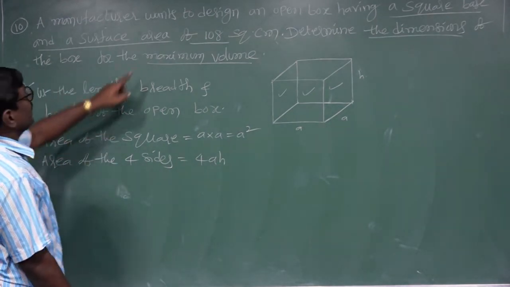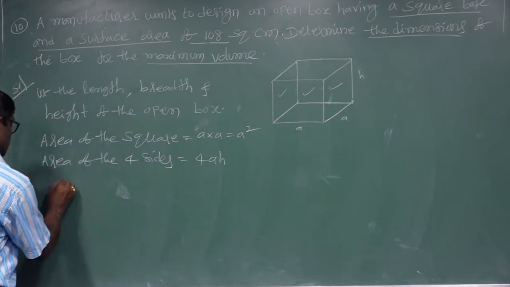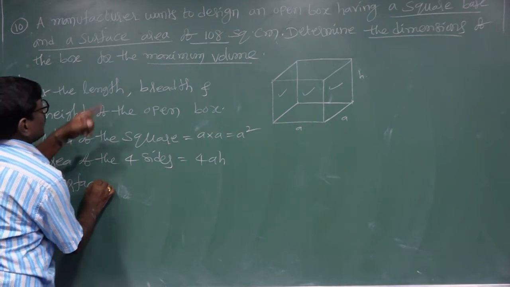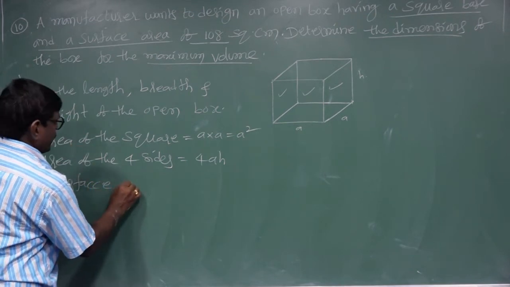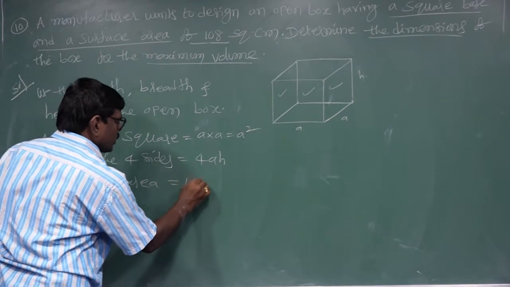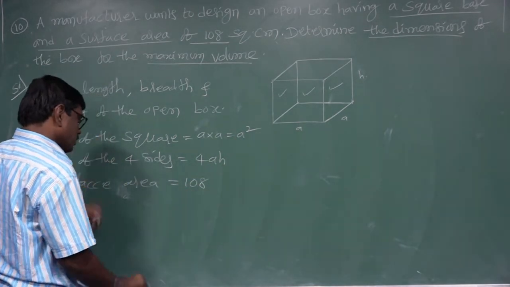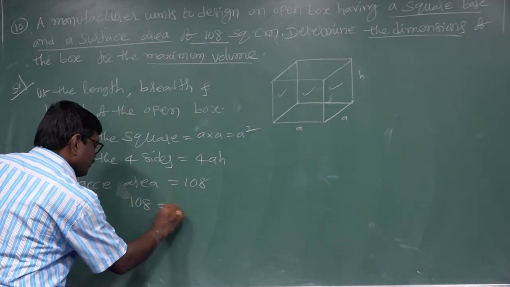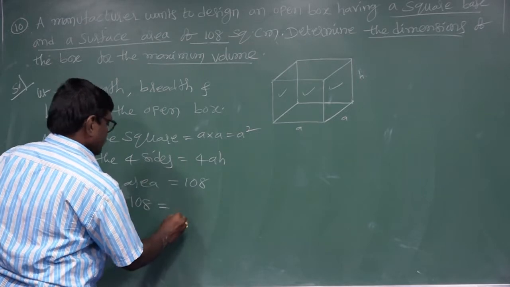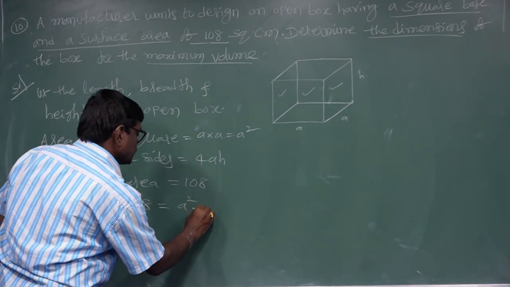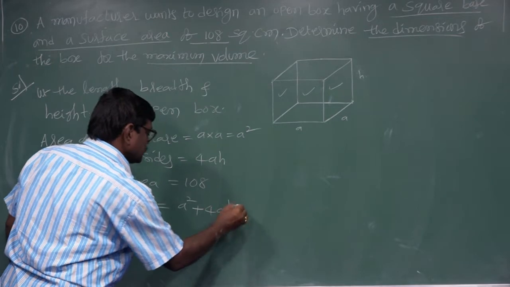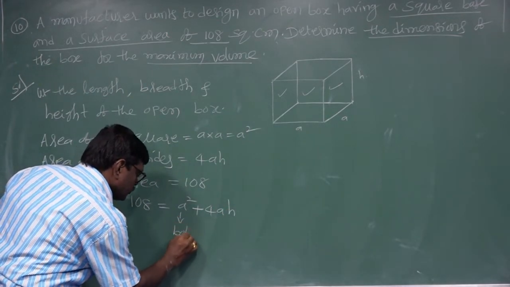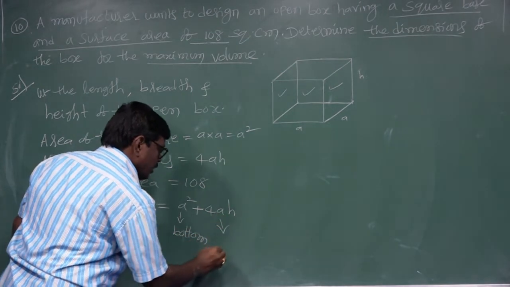The surface area is 108. Surface area equals a square plus 4ah, where a square is the bottom and 4ah is the 4 sides.